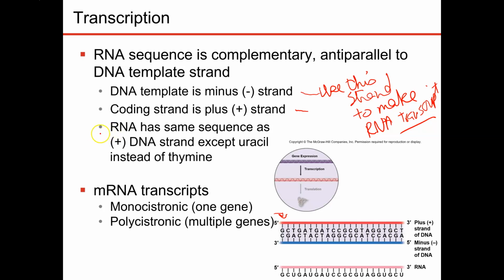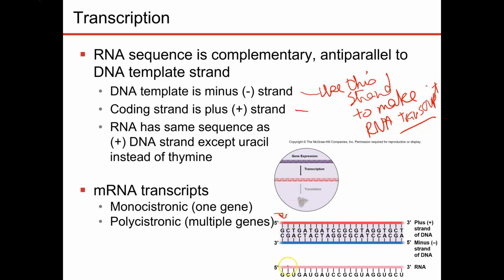So this allows the RNA to have the same exact sequence as the DNA, except since RNA doesn't have thymine, anywhere that thymine was we'll have uracil. And so here's that plus strand, and here's that minus strand. We use the minus strand to make a copy of the plus strand. And if you look, G binds to the C, and G is up here.